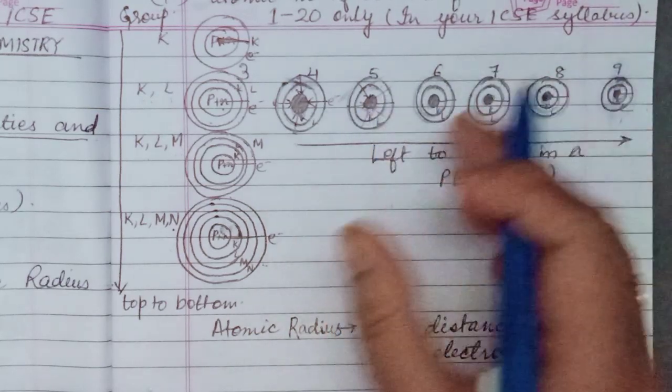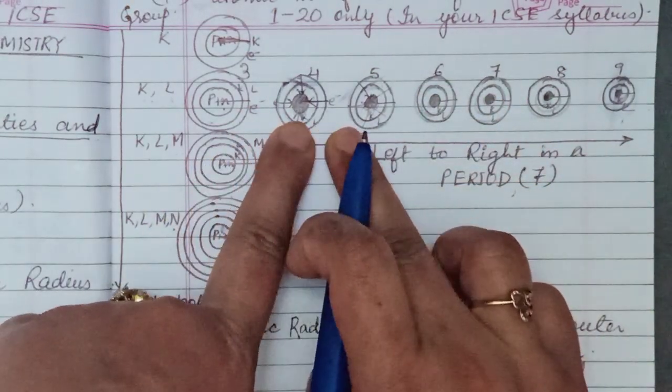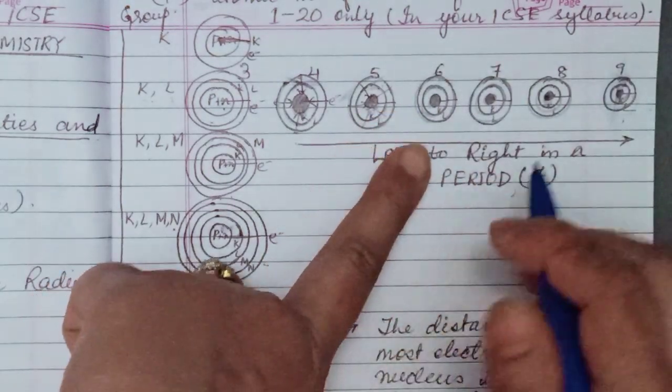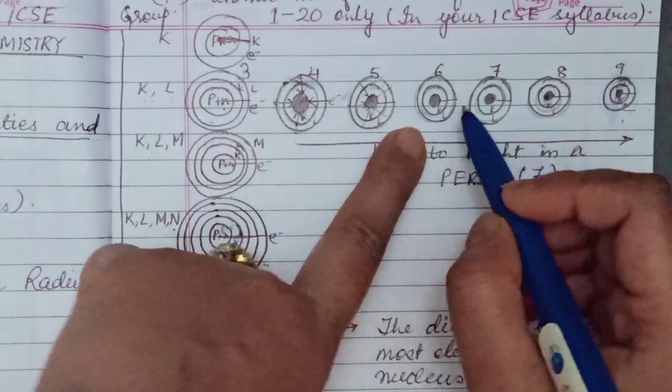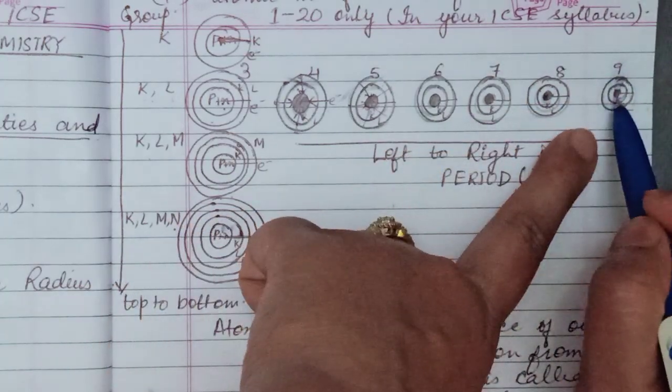Now if nuclear charge is more, electrons are attracted by this nuclear charge more strongly. Because of this reason only, it will get smaller and smaller till here.